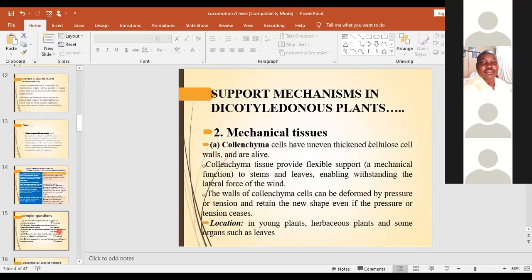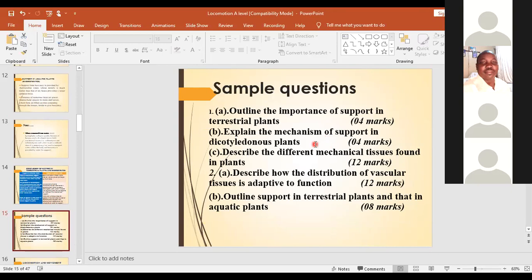Explain the mechanism of support in dicotyledonous plants. I have told you dicotyledonous plants rely mainly on those supportive tissues, the mechanical tissues that are usually distributed, like now in young plants, at the periphery, at the edge, and then in the roots, they are found deep at the center.